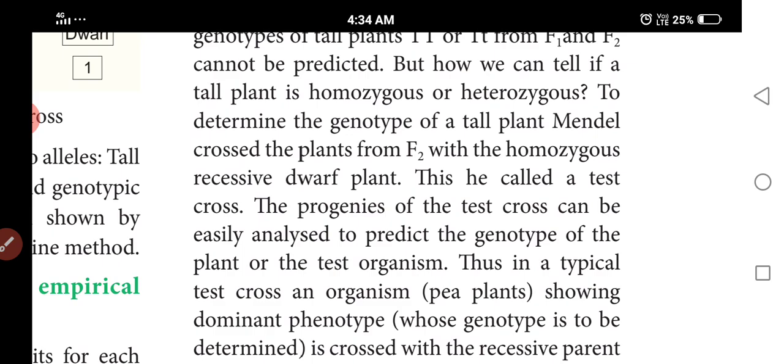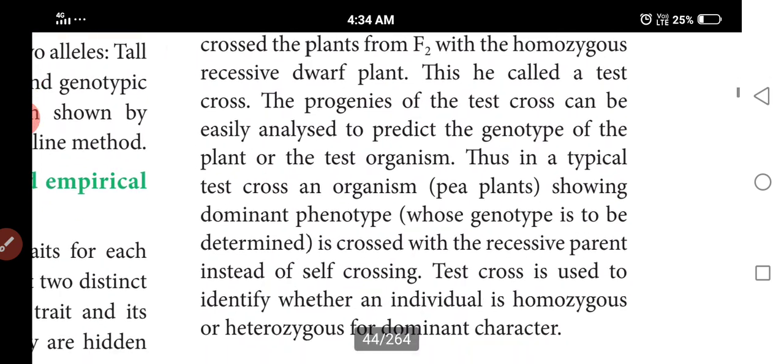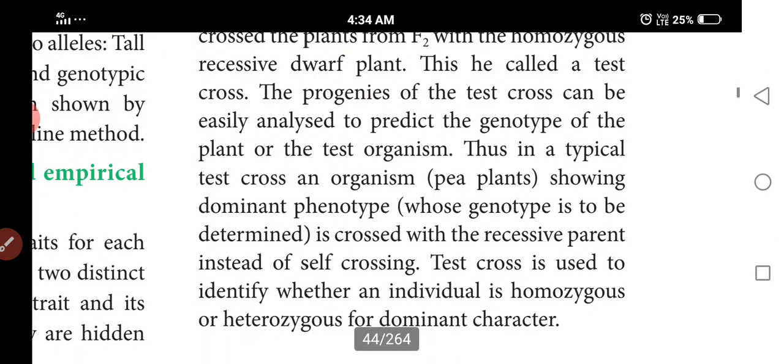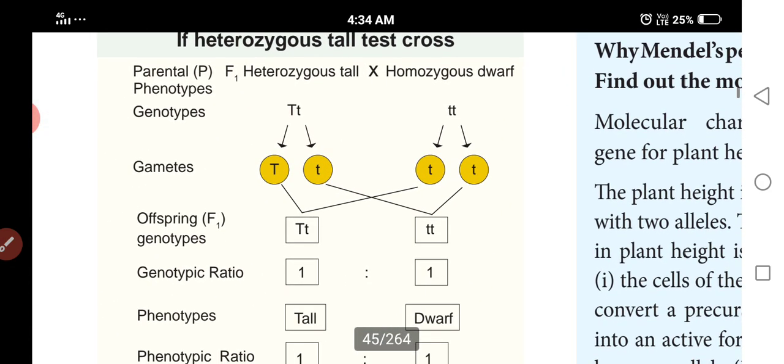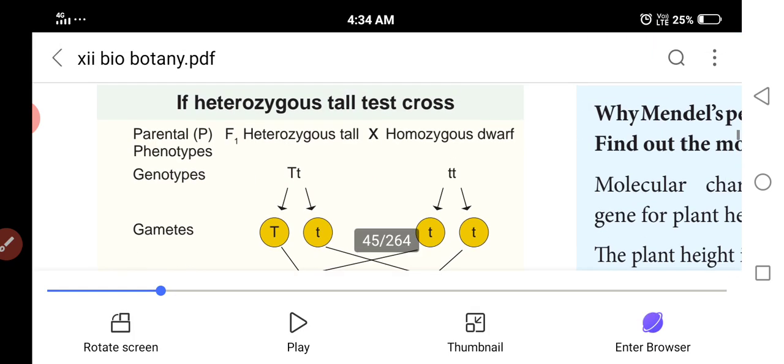This is the typical test cross: an organism showing the dominant phenotype is crossed with a recessive parent. Do you understand the test cross here? This is the heterozygous test cross. The parent phenotypes: first one, capital T small t, and homozygous dwarf plants.